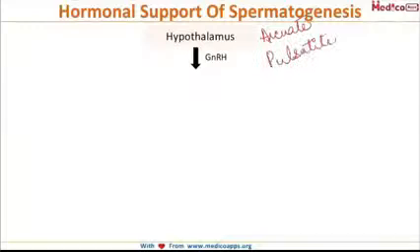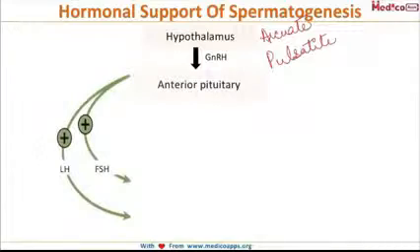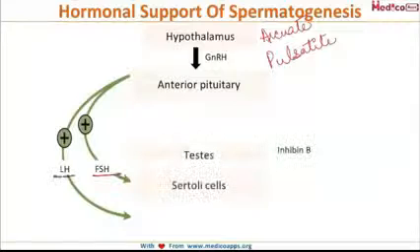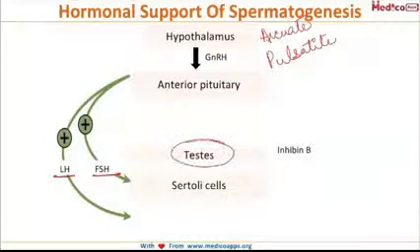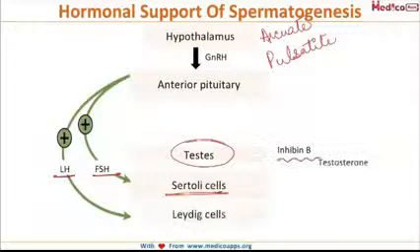Now GnRH acts on the anterior pituitary and leads to the release of the gonadotropins FSH and LH. Now what is the end organ for these gonadotropins? It is the testis. FSH has its receptor on the Sertoli cells, and so it acts on the Sertoli cells releasing inhibin B. And LH has its receptor on the Leydig cells and leads to the release of testosterone.